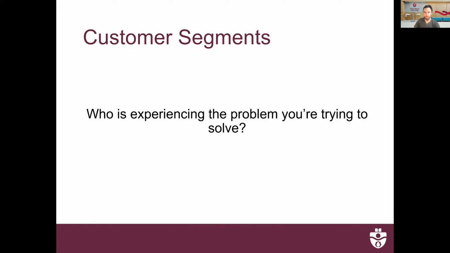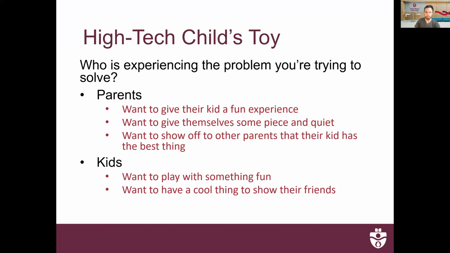But for now, let's just say that any good business is solving a problem for at least one customer group. And the customer segment block is where you articulate as much detail as you have about who those customers are and potentially what problems they're experiencing can be also useful to put in there.